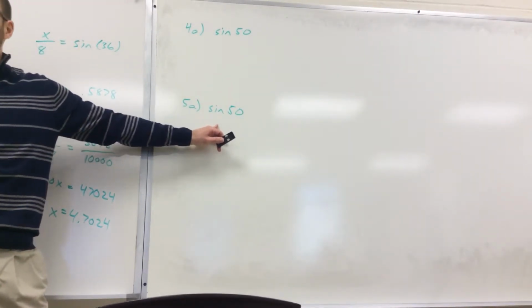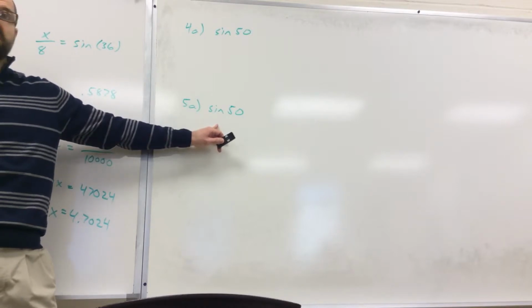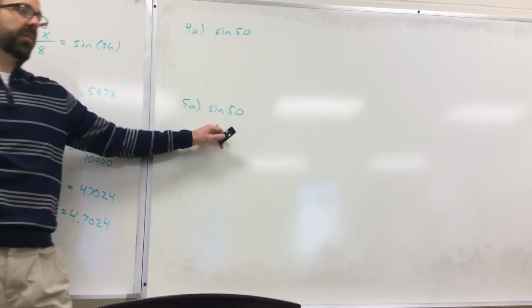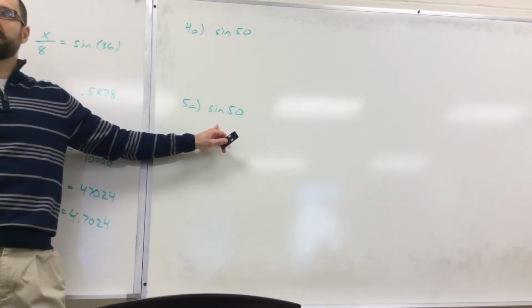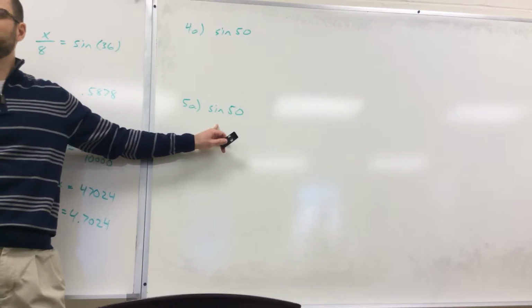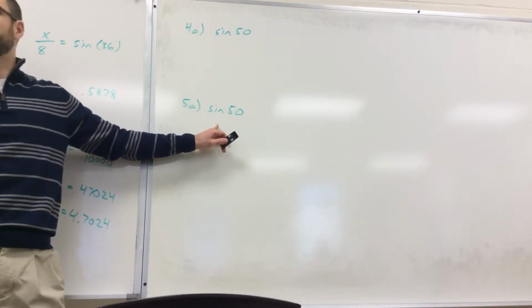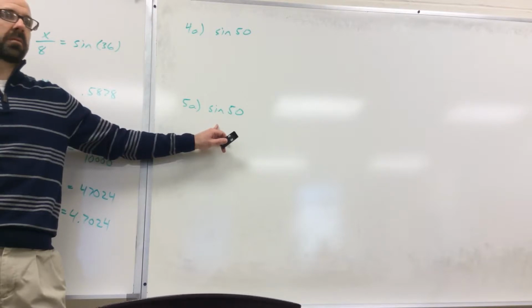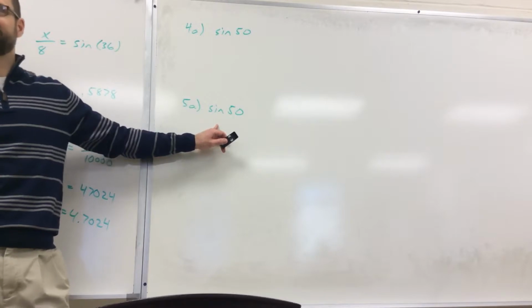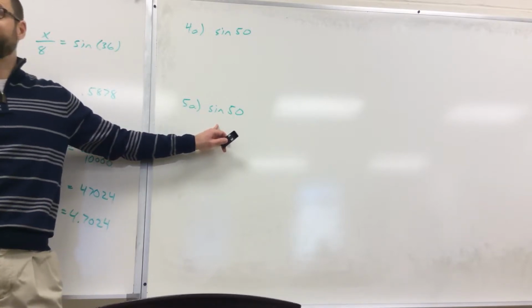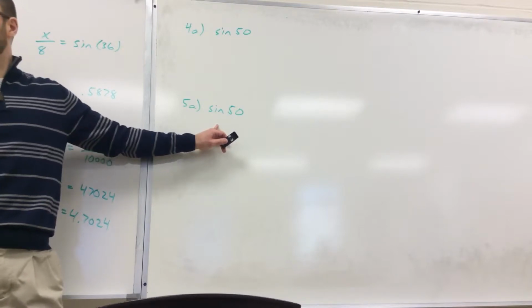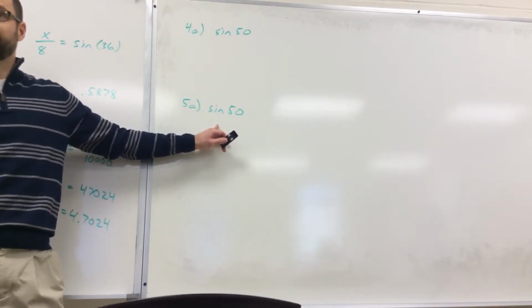So if they're asking for the sine of 50, what is your answer going to look like? What are sine and cosine or tangent? Yes, they're fractions. So if it's asking for the sine of 50, your answer is going to be a fraction.